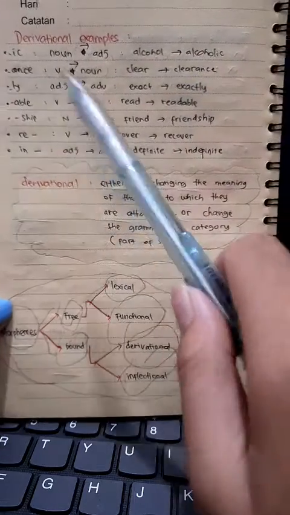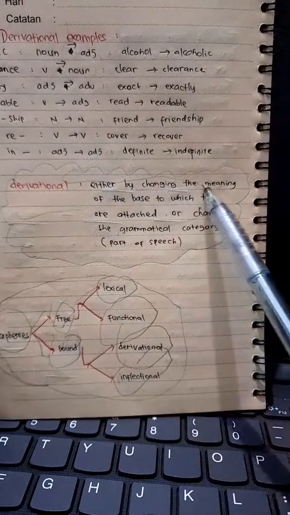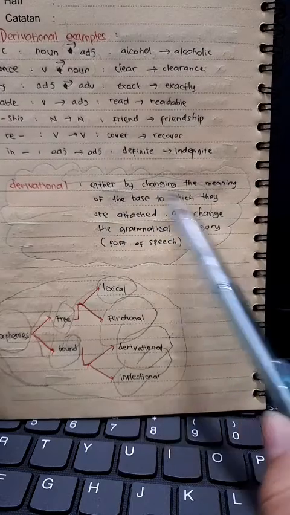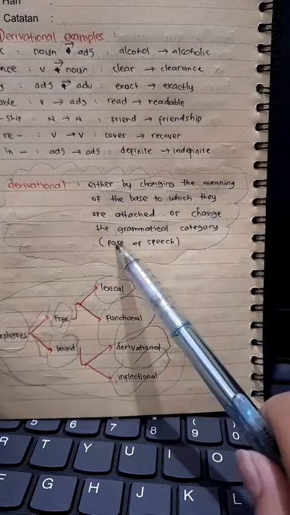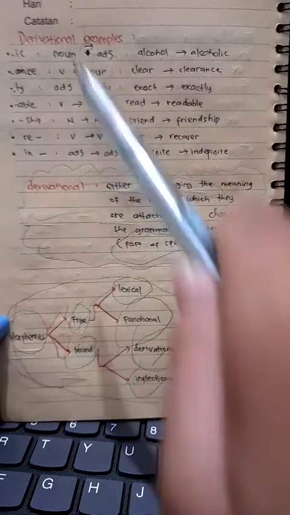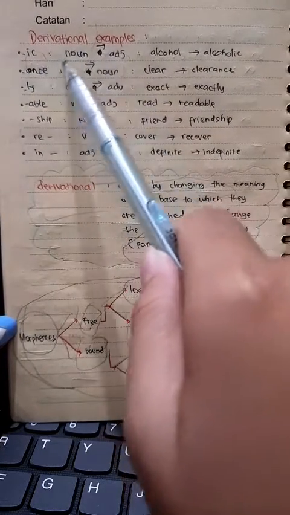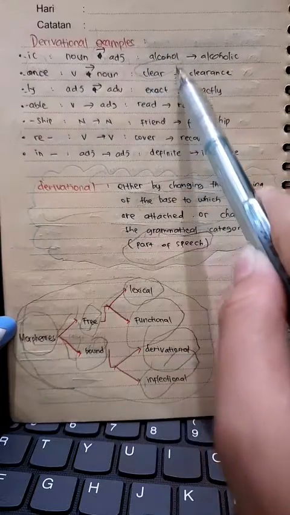So here's the explanation of derivational: either by changing the meaning of the base to which they are attached, or changing the grammatical category or the part of speech. For example, if we add ic here, alcohol is a noun.